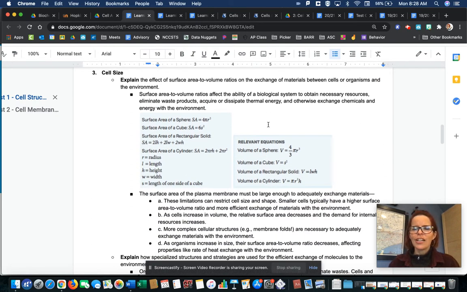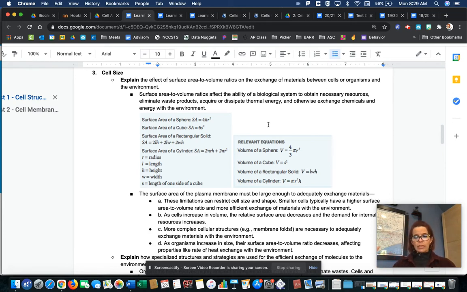All right, here's our section on cell size. Make sure that you understand that the surface area to volume ratio is what determines how well a cell can exchange materials with the environment. So either bringing materials in or getting rid of wastes, for example, getting rid of carbon dioxide. Your mitochondria are constantly making carbon dioxide. Here's the problem. Carbon dioxide, when it mixes with water, makes an acid.